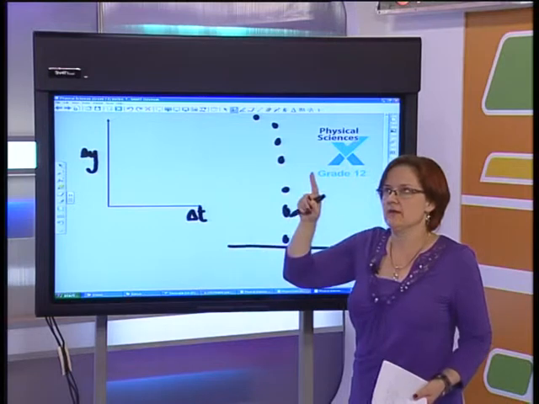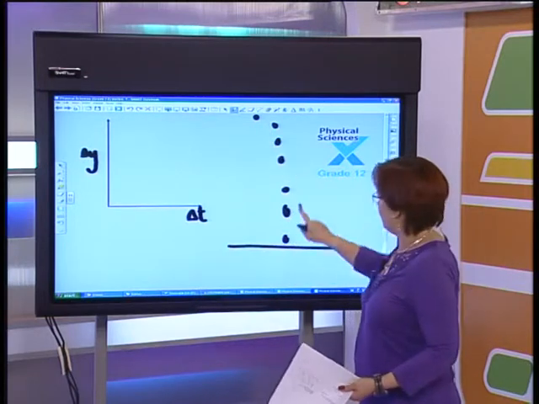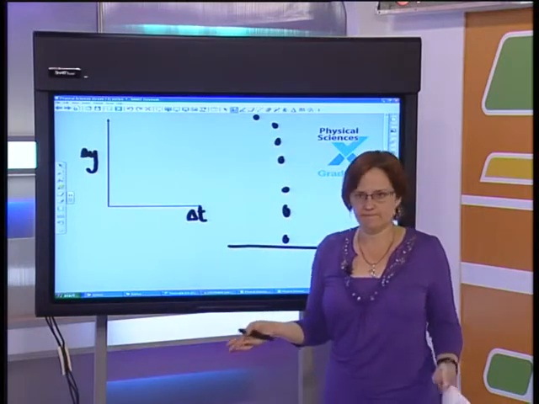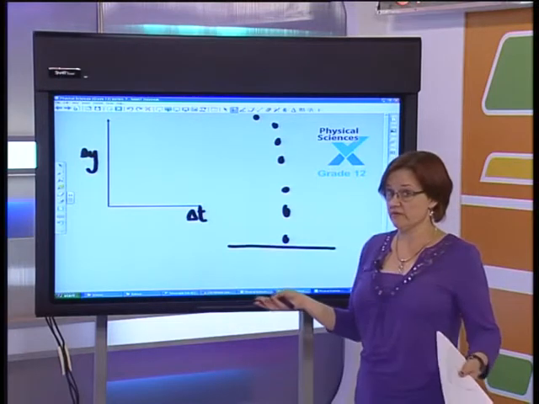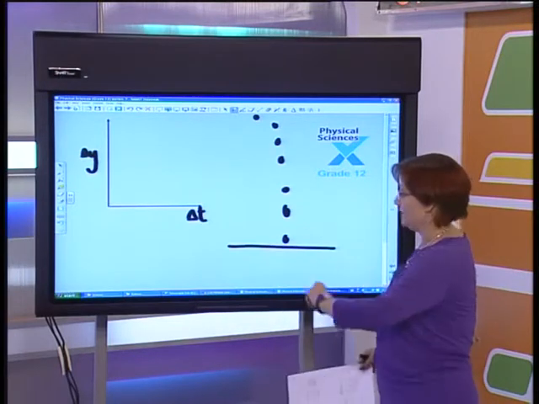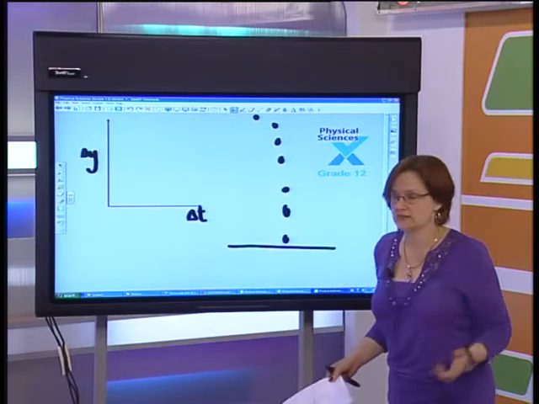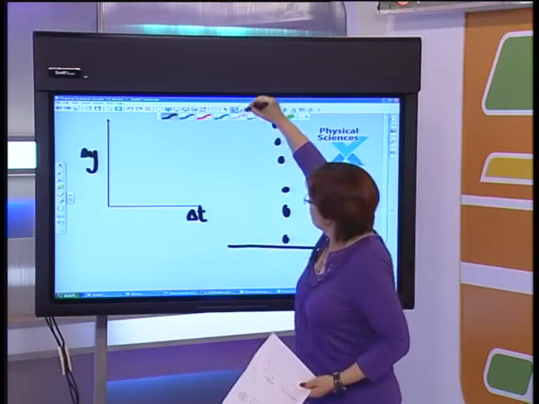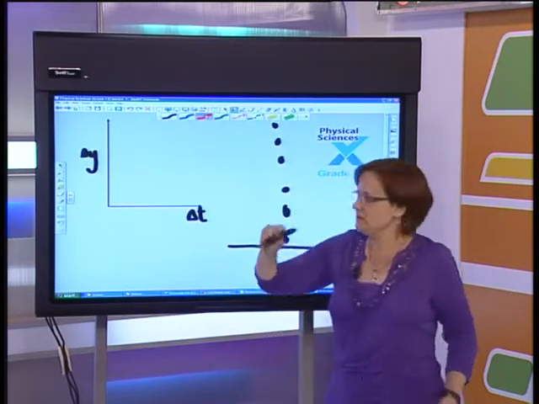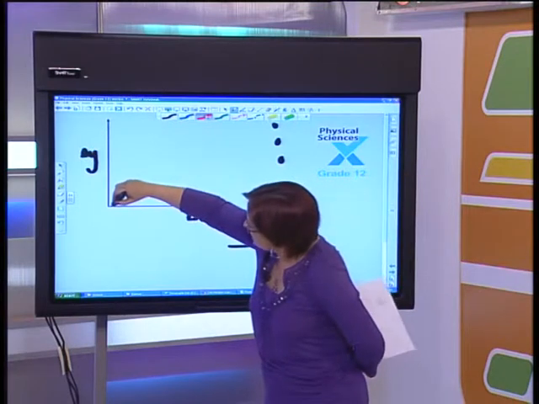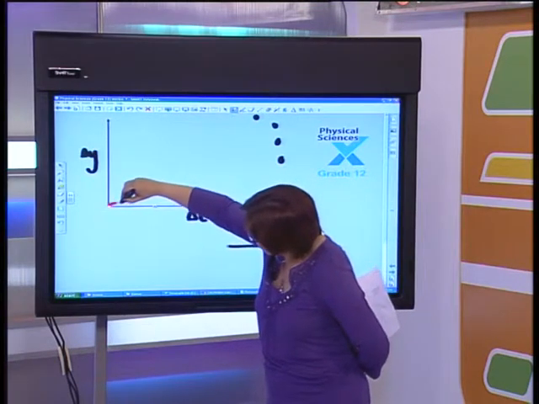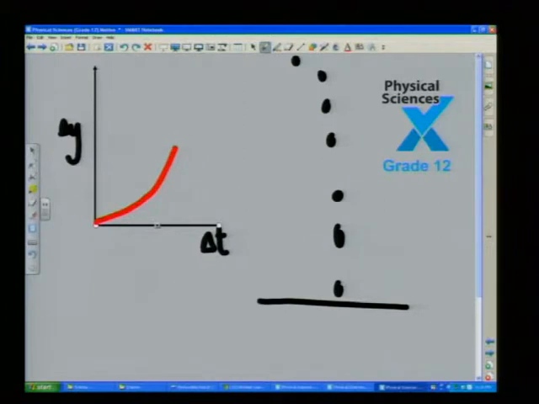So now we've got to think about it and go, as it's coming down, is it speeding up or slowing down? I'm hoping you're screaming at the TV right now, or someone's Facebooking us and saying it's getting faster because it's accelerating, which is exactly what's happening. So we start, and then it gets faster and faster and faster.